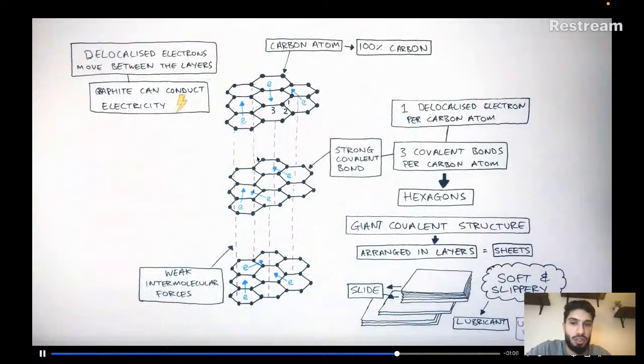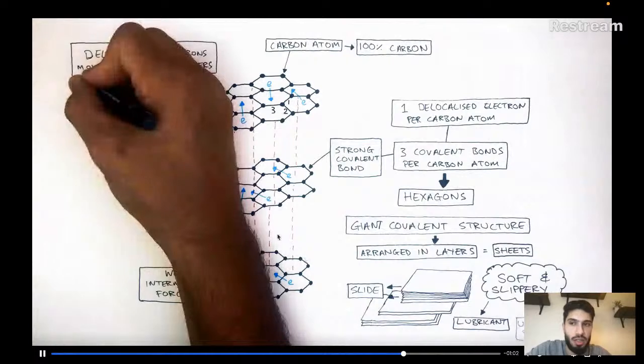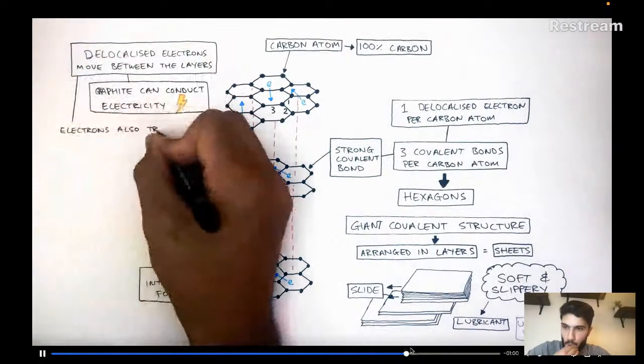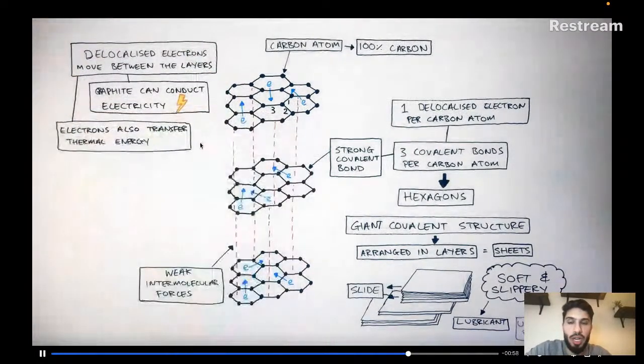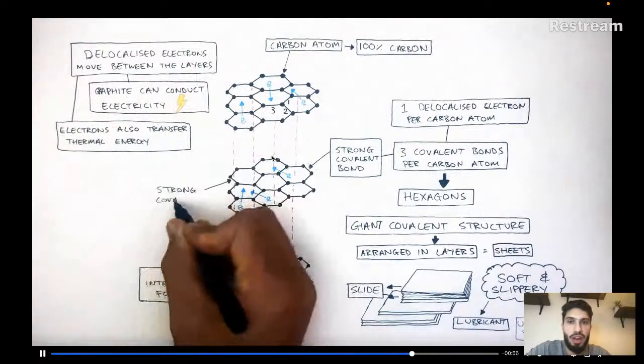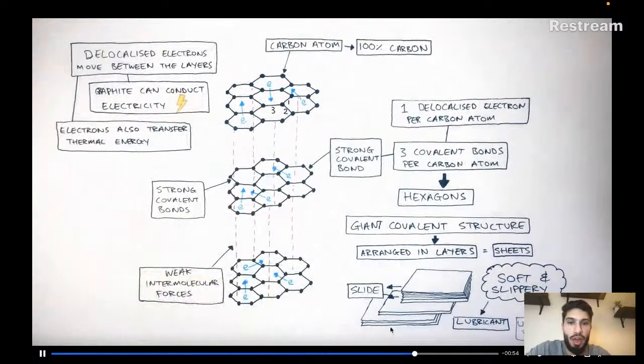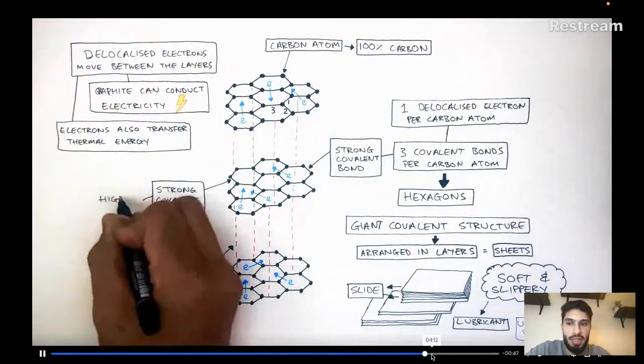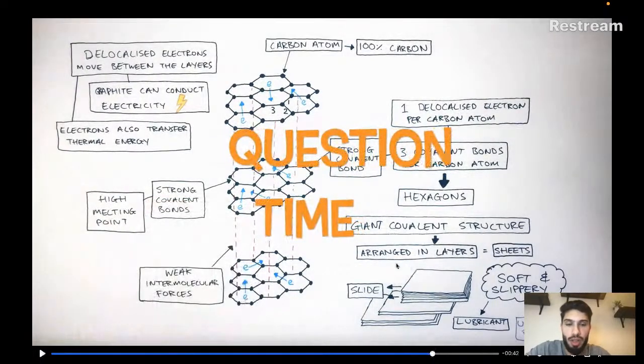These delocalized electrons are free to move between the layers, so graphite can conduct electricity. The electrons also transfer thermal energy, so graphite is a good conductor. And we know that these are strong covalent bonds, so graphite has a high melting point. That is all the knowledge you need to know about graphite.